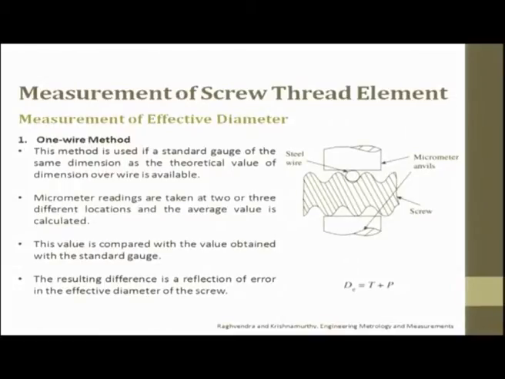So, the one wire method. This method is used if a standard gauge of the same dimension as the theoretical value of the dimension over wire is available, then we go for this measurement. Here the micrometer readings are taken at 2 or 3 different locations, and the average value is taken.